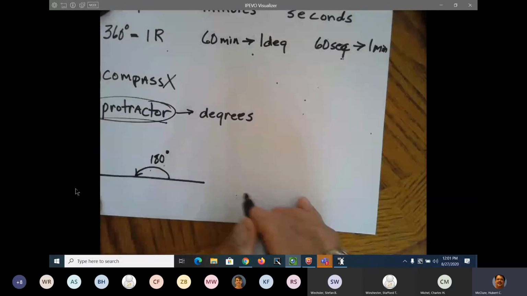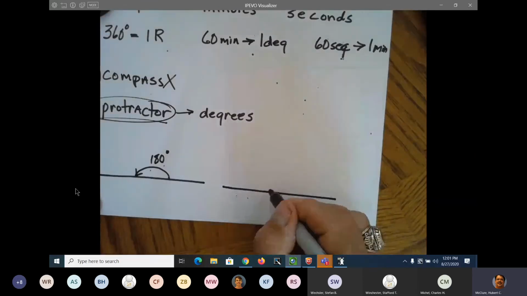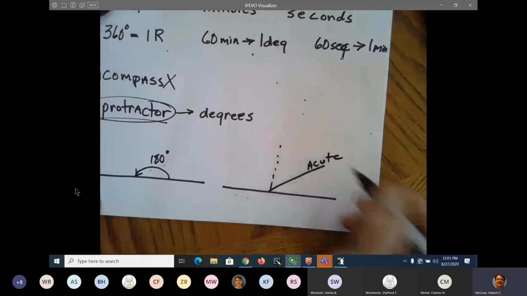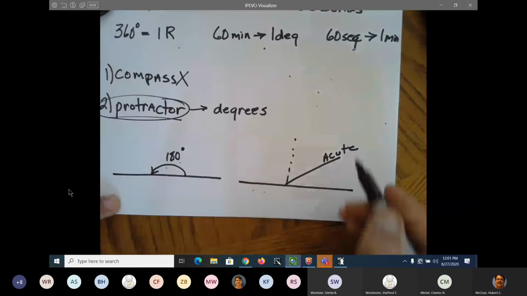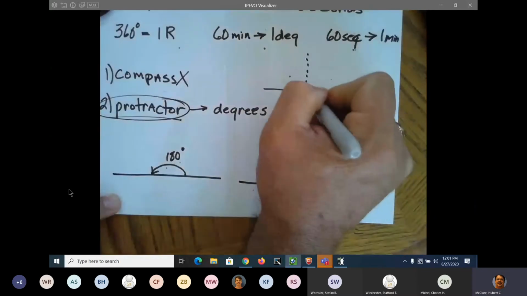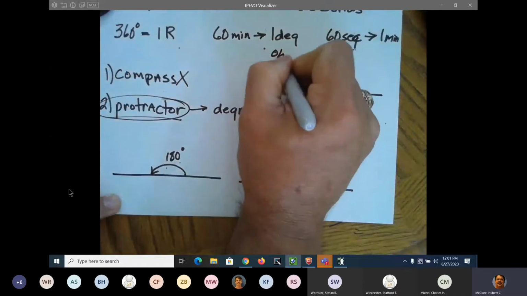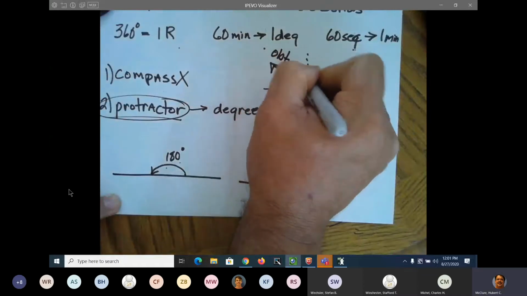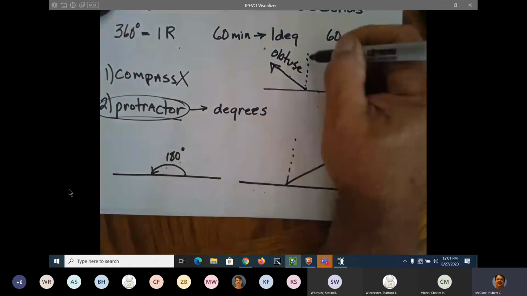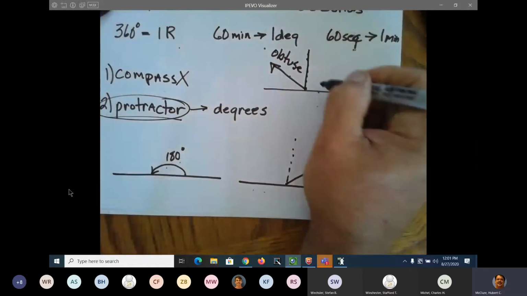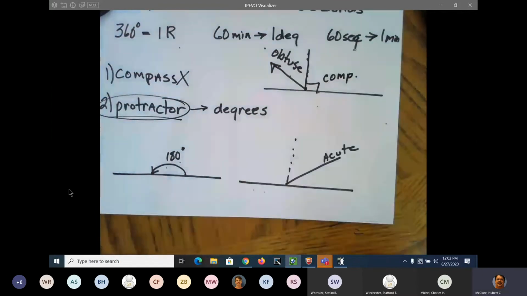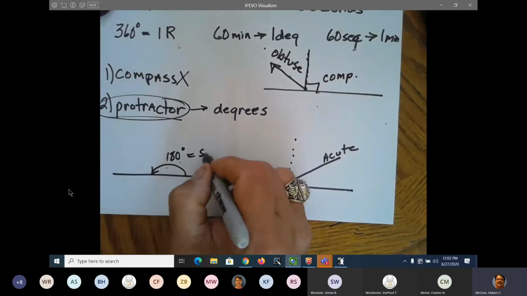Your acute angle is less than 90 degrees. Obtuse angle is more than 90 degrees. And you can also have a 90-degree angle, which is straight like that. And 90 degrees is called complementary. And 180 degrees is called supplementary.